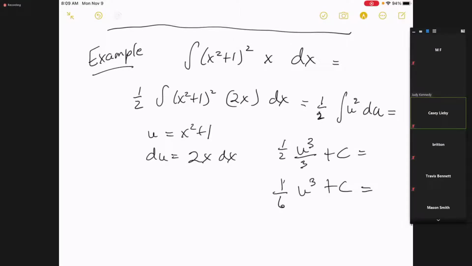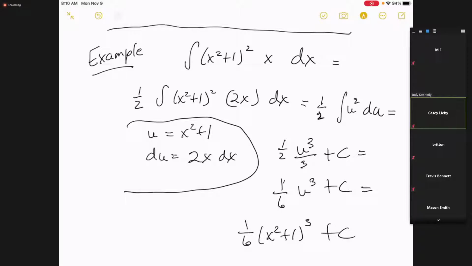Then put back in your x's: 1/6 times x squared plus 1 cubed plus c. So with constants, you can modify things so that they are taken care of.